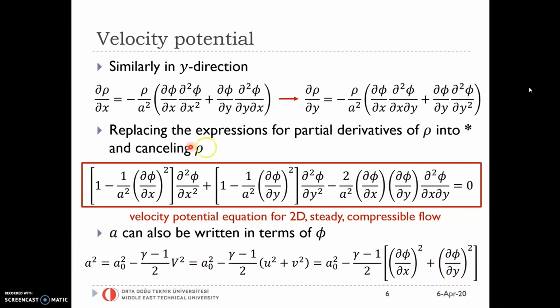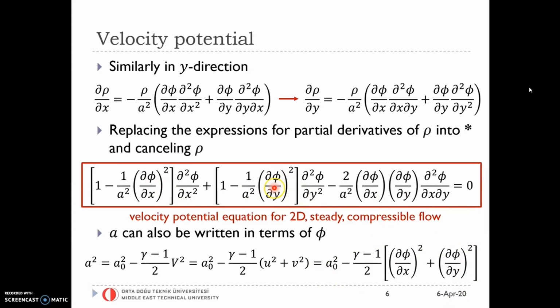So now I have this equation together with this equation. If I solve these two equations, then I can get this phi known, because here the only variable is phi, whereas this a square can be represented in terms of phi and a0 square, and for this isentropic flow, a0 is also constant, which means that now when I replace this a square with the corresponding term here, I will only have one variable, that's phi, and if I solve this equation, then I can get some important flow components calculated.